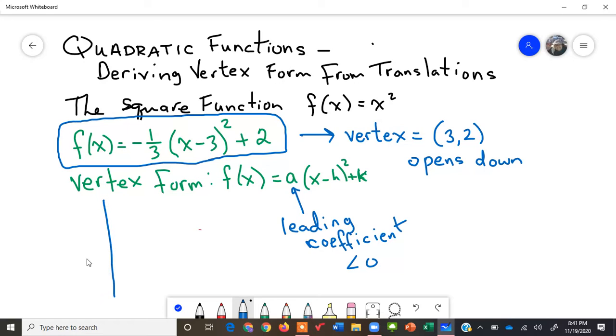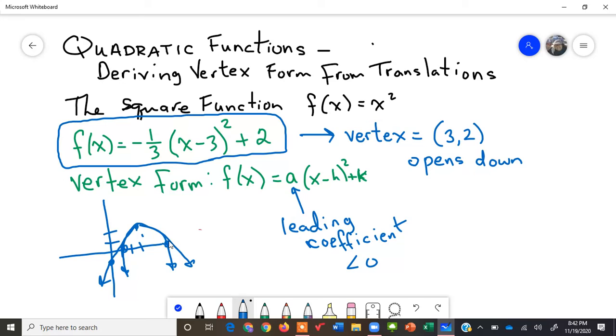And right away, we would have the vertex and it opens down, though I wouldn't know exactly what these intercepts were, or if I drew it maybe like this, I wouldn't know where the y-intercept is either.